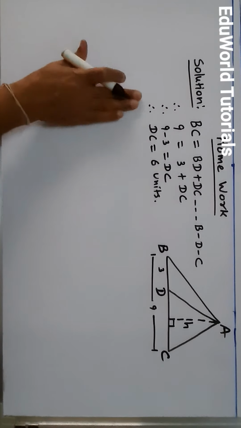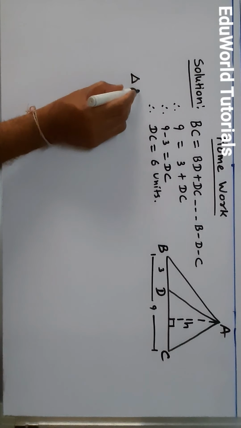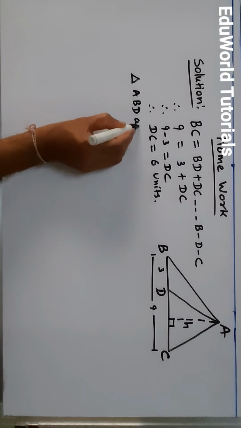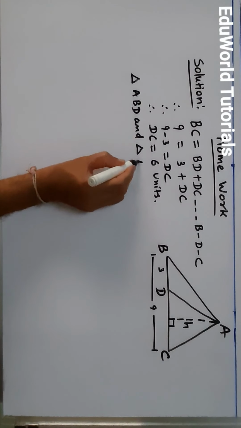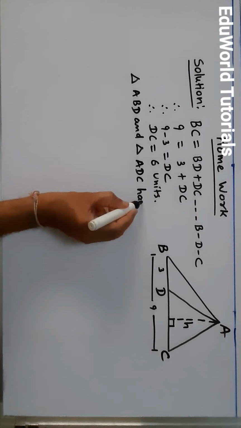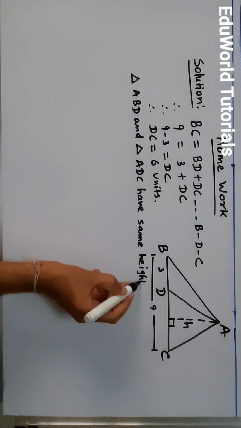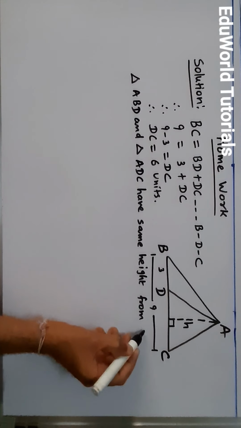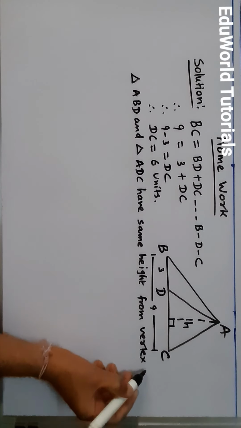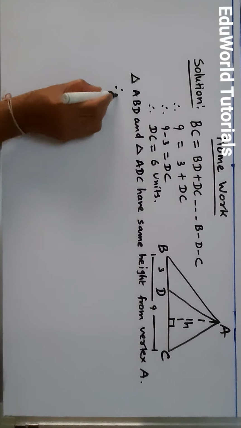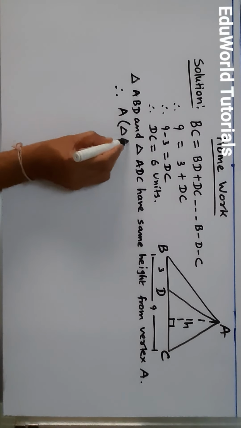So what we write? That triangle ABD and triangle ADC have the same height from vertex A. Now when the triangles have the same height, then area of triangle ABD upon area of triangle ADC is equal to, since the triangles have the same height, the areas are proportional to the corresponding bases.